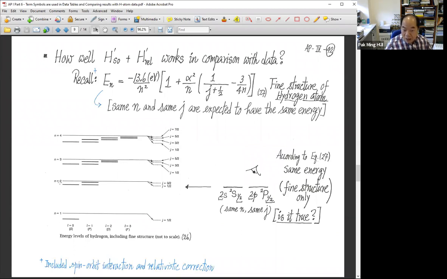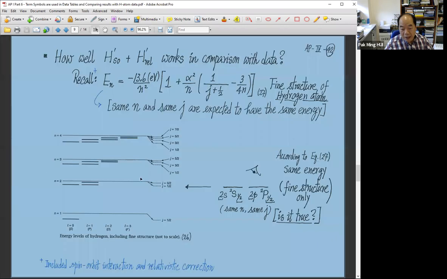I repeat the graph here for our expression that we can get at our level. So it says it only depends on n and j. So we expect these two to be the same. Again, we expect these two to be the same. Okay, and also this to be the same. Okay, and so on. All right.